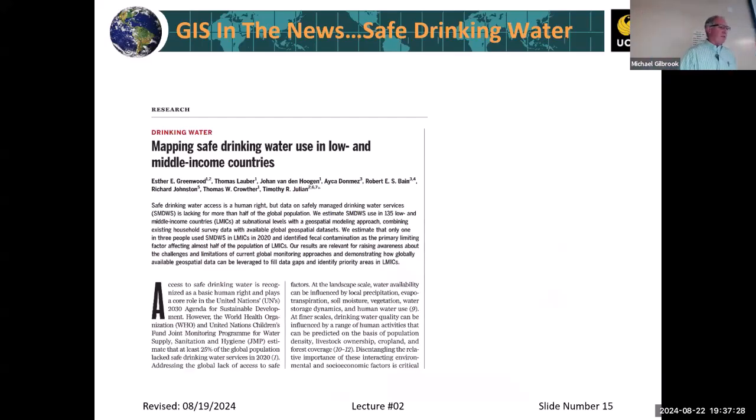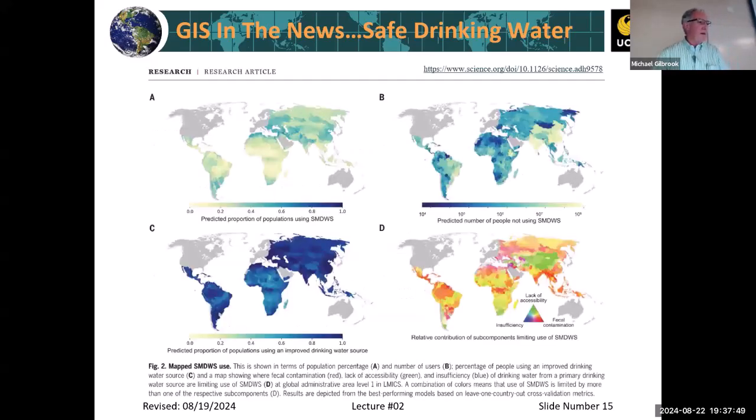I came across this journal article where about a dozen guys were involved in mapping whether or not there was safe drinking water available in low and middle income countries. And they used a GIS analysis to predict how many people were likely getting unsafe drinking water in these various parts.